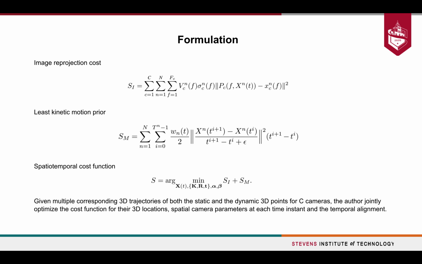And for this they use the least kinetic energy motion prior. Basically it is a physics concept, the mass times the square of the speed or velocity, and they approximate the speed based on the finite distance between neighboring frames.